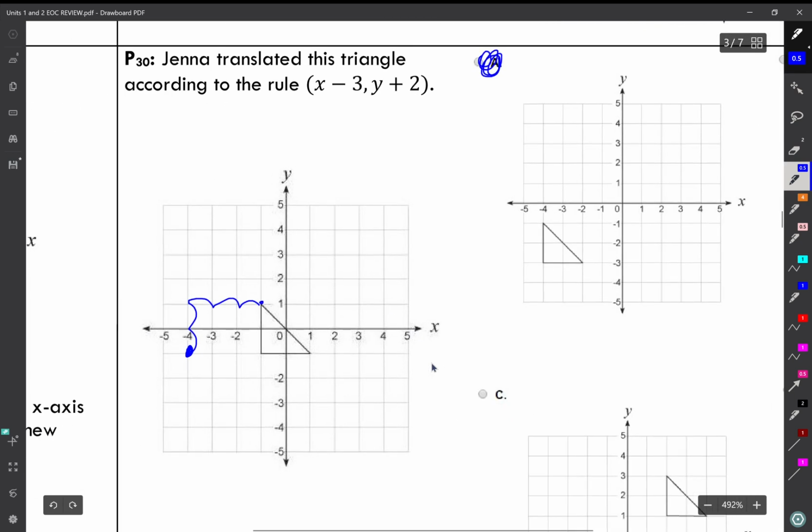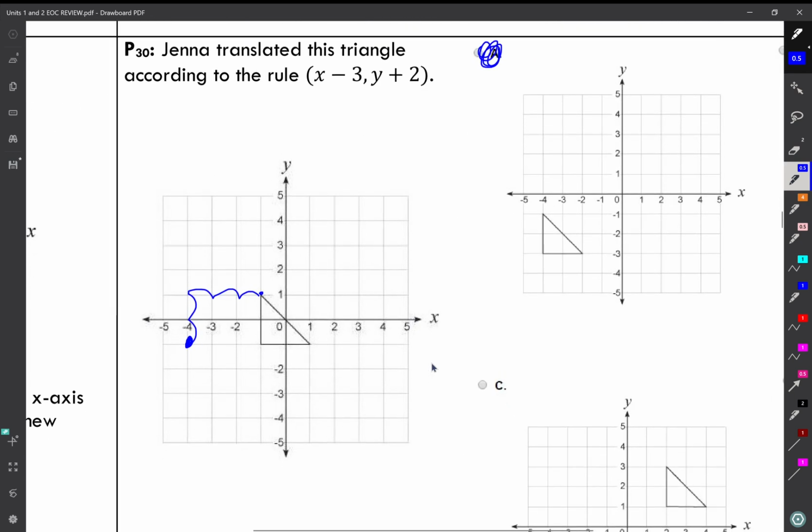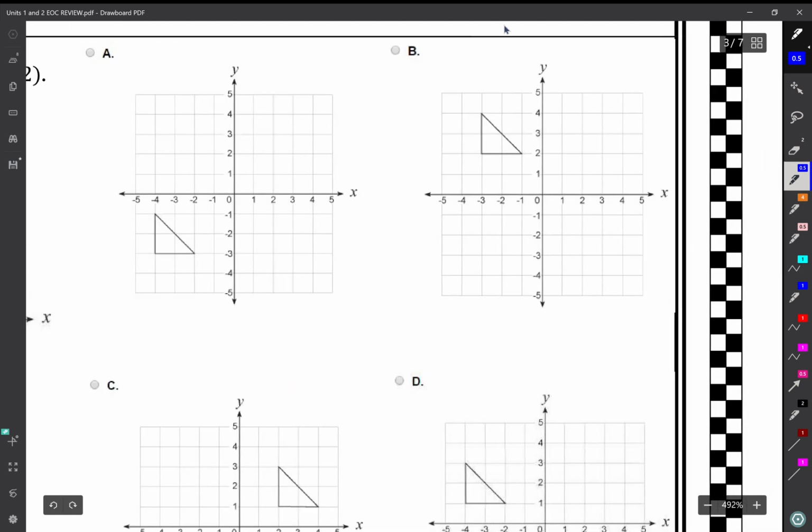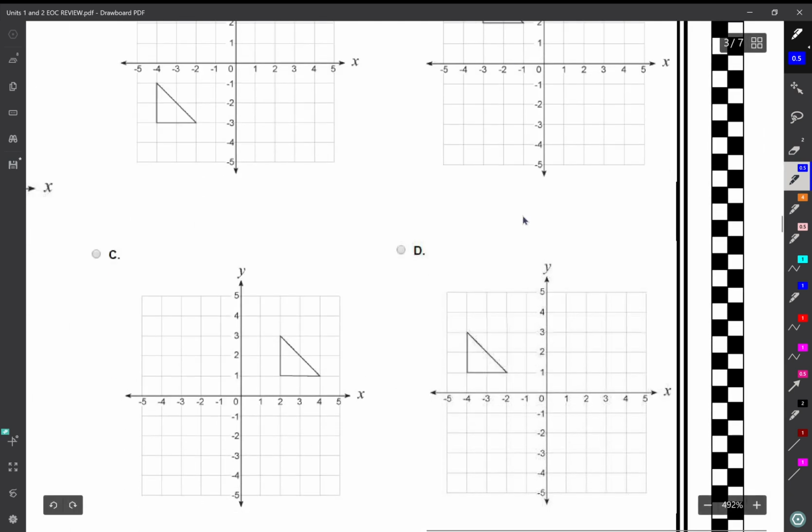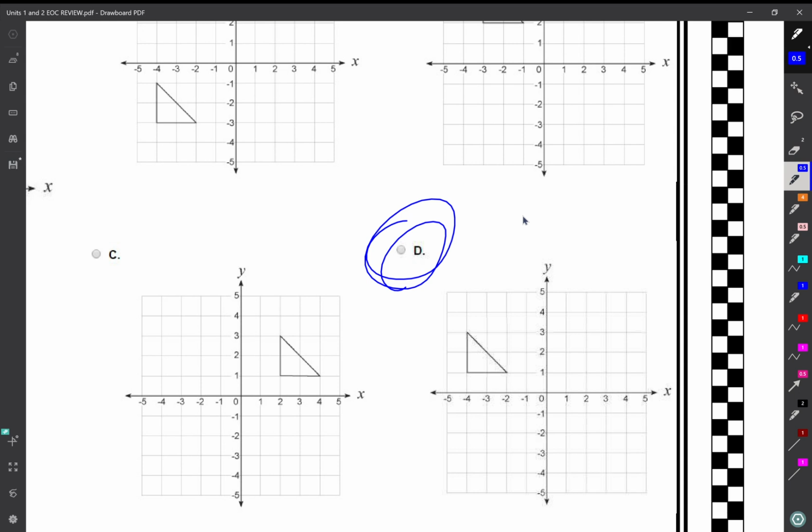I'm not going down, we're going up 2. So the top of the triangle is at negative 4, positive 3. So it's not A. It is D. Excuse me, guys, that was my mistake.